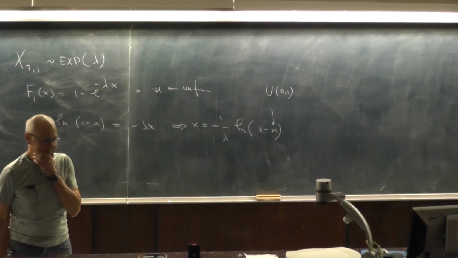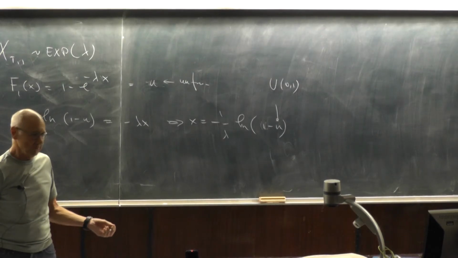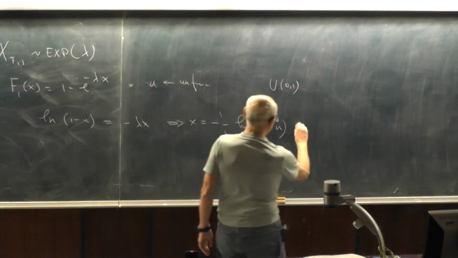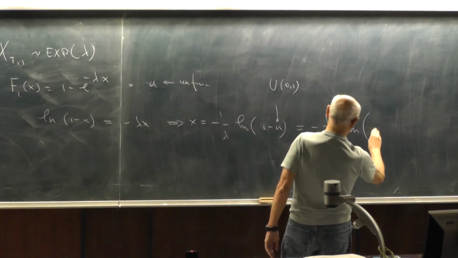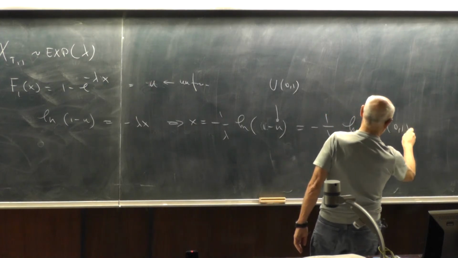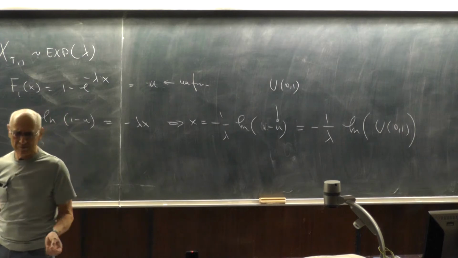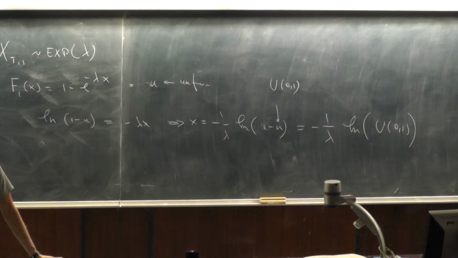So if I produce uniform 0, 1, I map it this way, I know it's exponential. But do you think this is true? Instead of saying logarithm of 1 minus uniform, I say just logarithm of uniform because I'm really tired to write so much. It's the same thing because u and 1 minus u are both uniform.